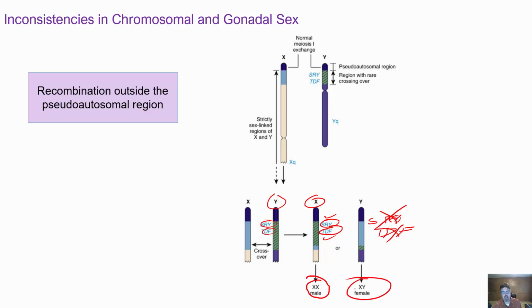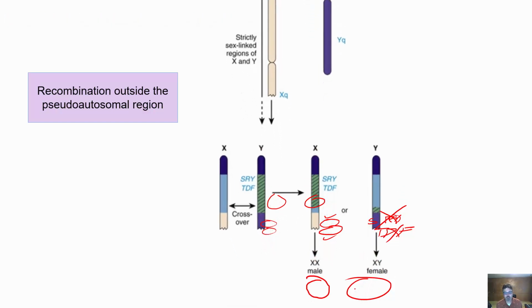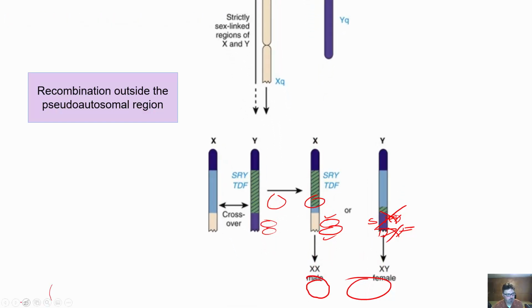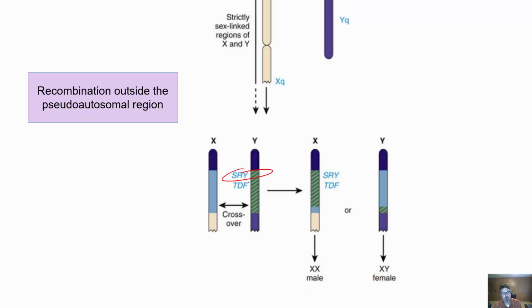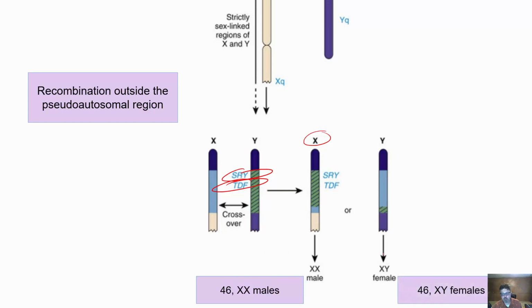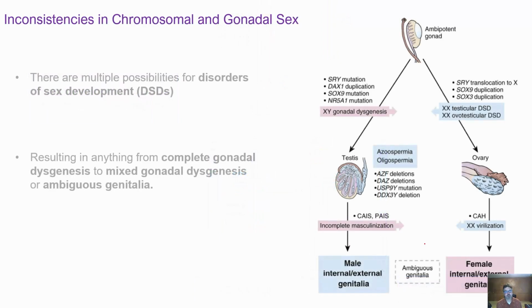So in this case, you would have an XY female. So just to give you one example of how this can occur. Let me zoom in on what's going on. SRY, TDF now coming over to the X chromosome and leaving the Y chromosome to give us those phenotypic manifestations. So in this case, we would consider this 46XX male, 46 chromosomes, but it's a male. And then over here, we're going to have 46XY female. So very interesting phenotypes that can result from this.